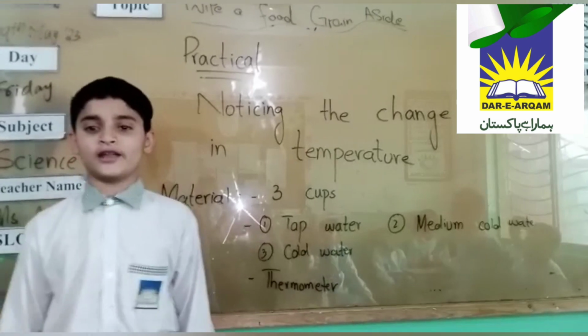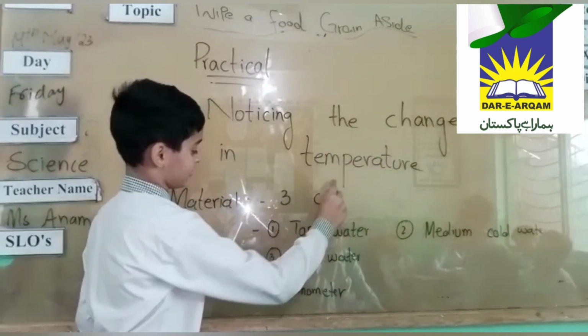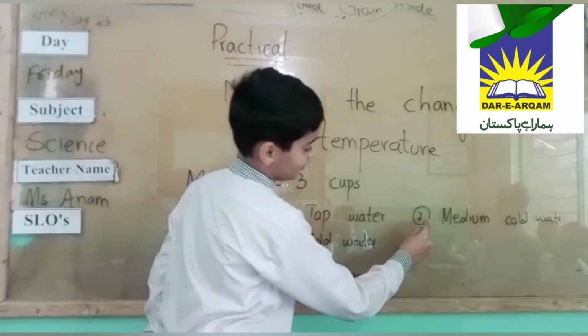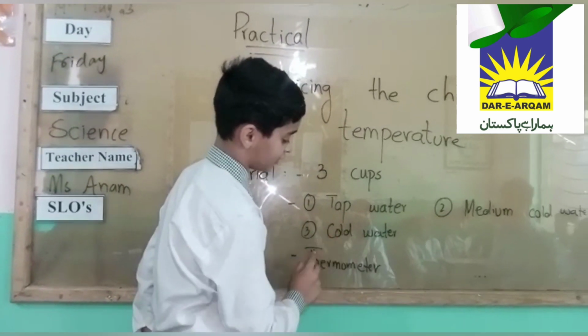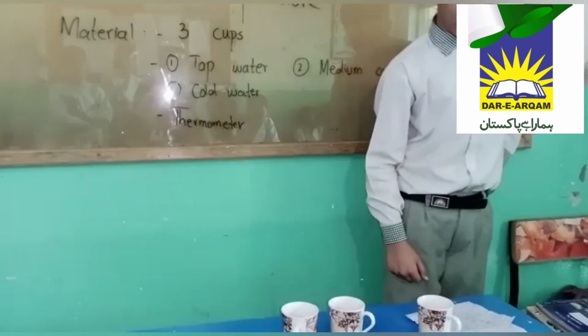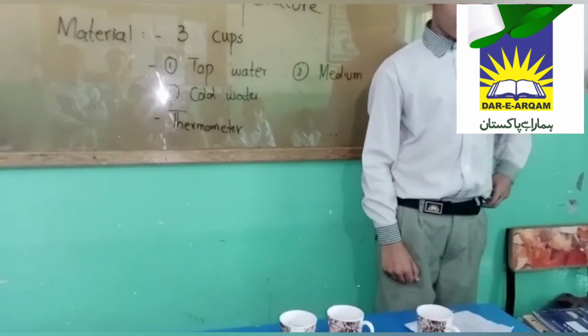I am in class 5. Practical: noticing the change in temperature. Material: 3 cups, number 1 tap water, number 2 medium cold water, number 3 cold water, thermometer. We have 1 cup having tap water. Second cup has medium cold water.